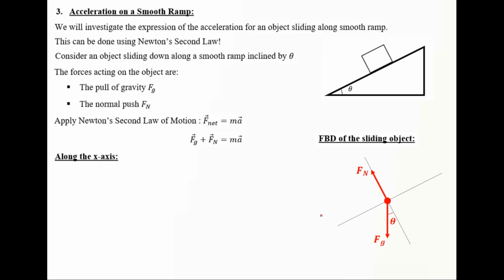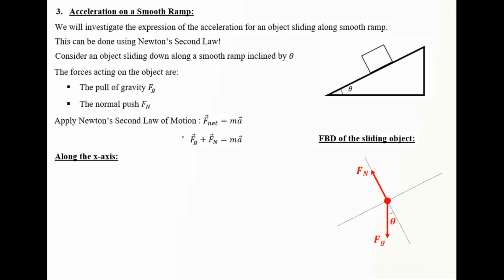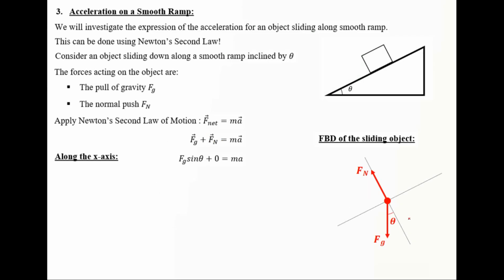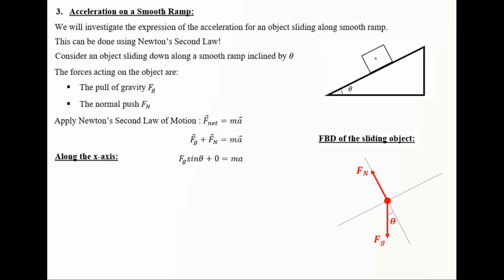For this reason, whenever we're doing along the x-axis, Fg would be replaced by Fg sine theta. The normal push has no projection along the x-axis, and a would be completely transformed into a, because that would be the total acceleration along the x-axis, and we don't have any acceleration along the y-axis.